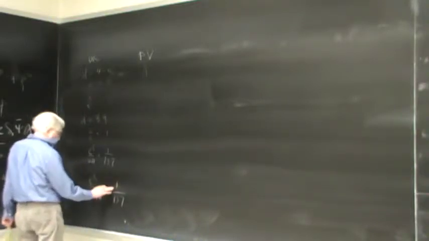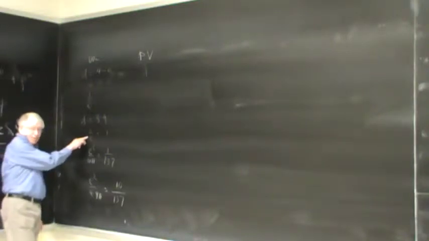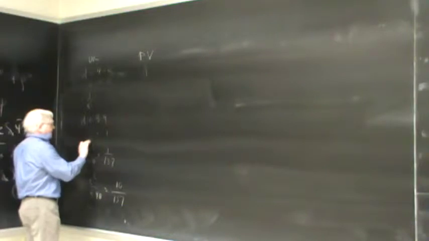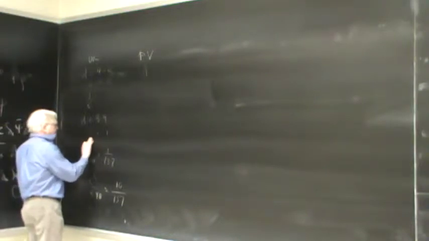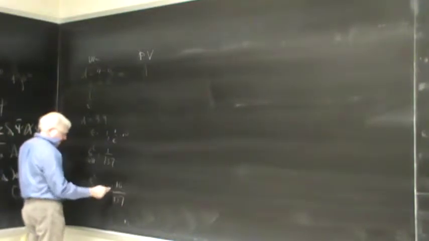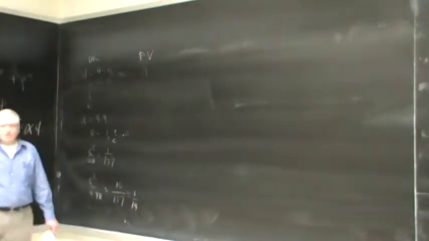I'm sorry, epsilon is 0.1, so 1 over epsilon is 10. That's that. So this is like 1 over 14. So we can imagine expanding in powers of e squared over epsilon.